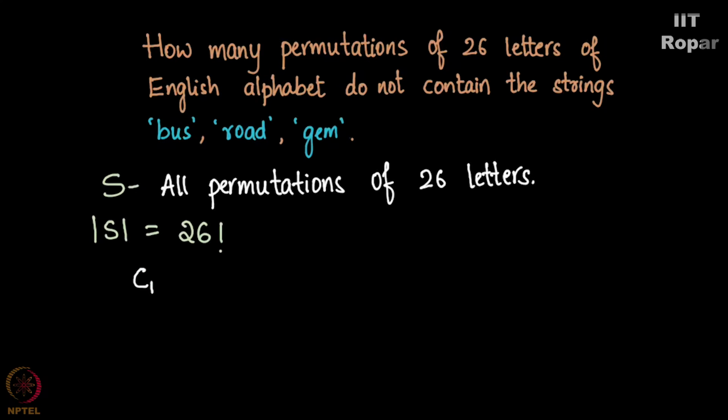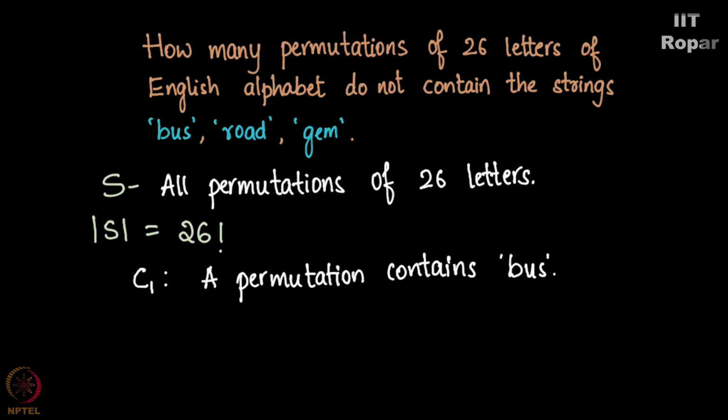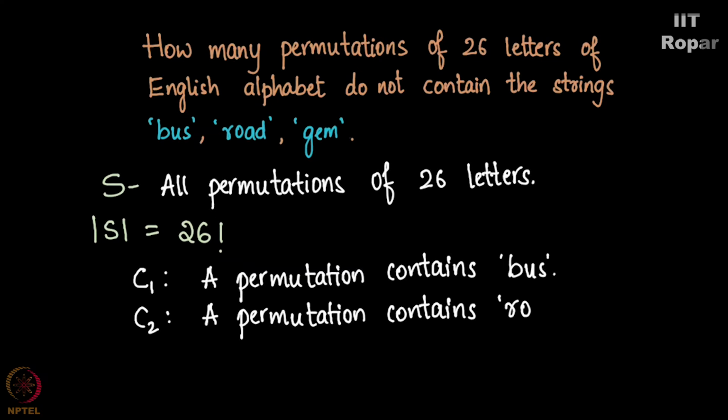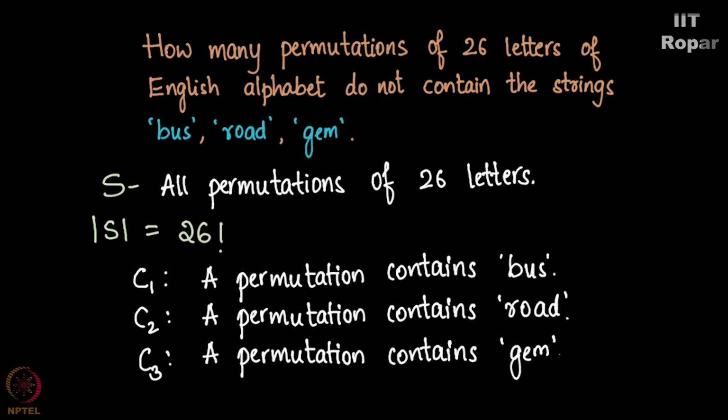C1 is the condition where a permutation satisfies condition 1 if it contains the string bus. C2 is the condition where a permutation satisfies C2 if it contains road. And C3 is the same if a permutation contains the string gem.